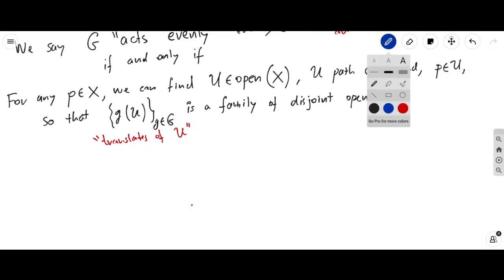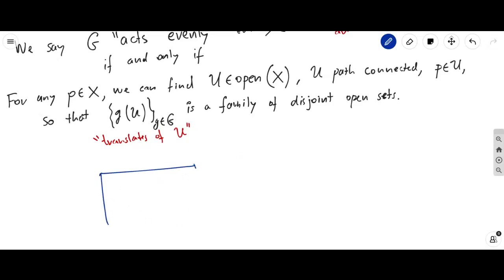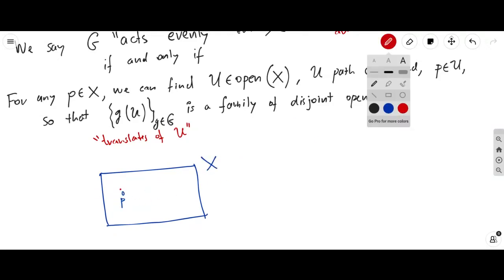So the picture here is basically this, that if this square represents X, we're saying that if you give me a point P, you can find a small enough open set, that would be your U, you can assume it's path connected, and if you apply every automorphism, it moves this open set somewhere else.